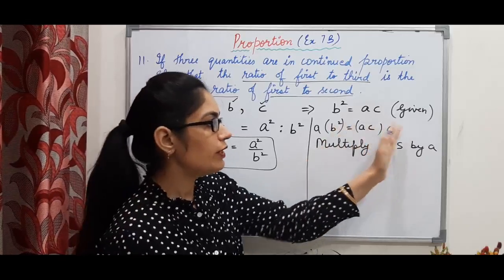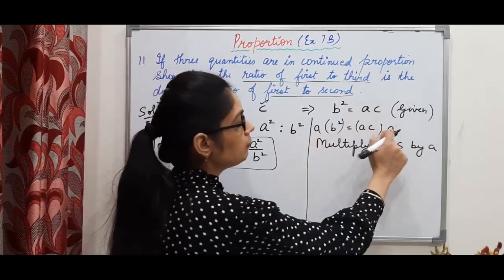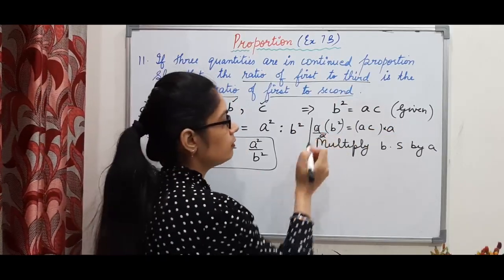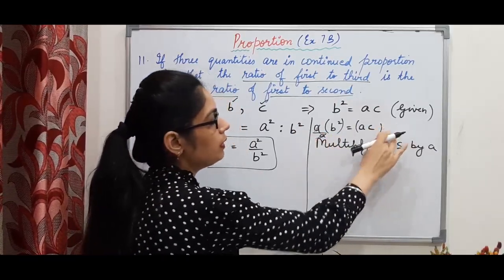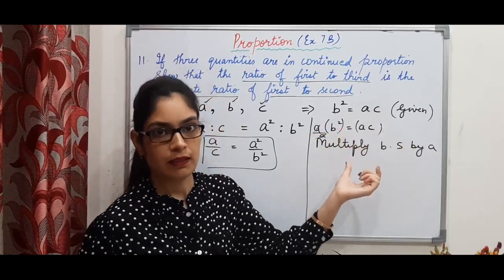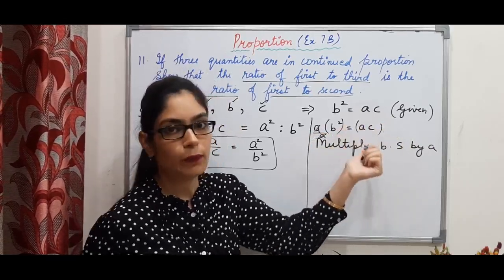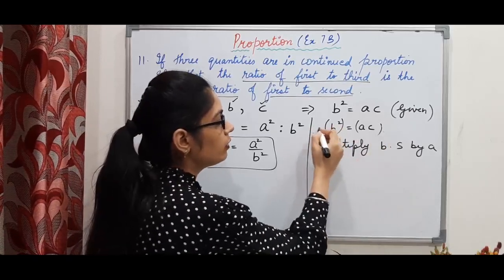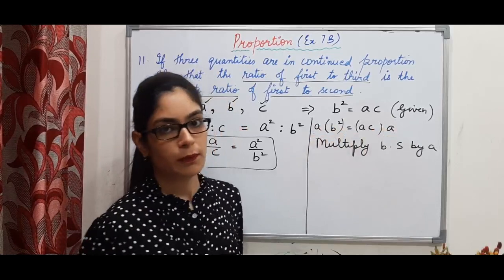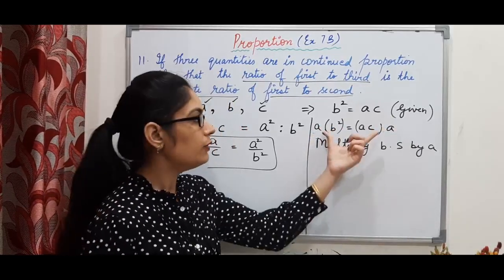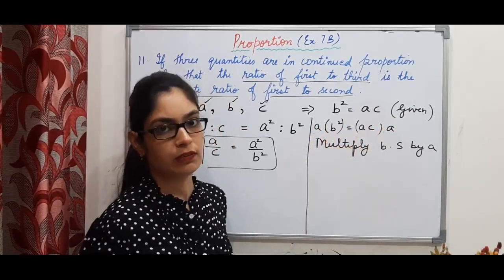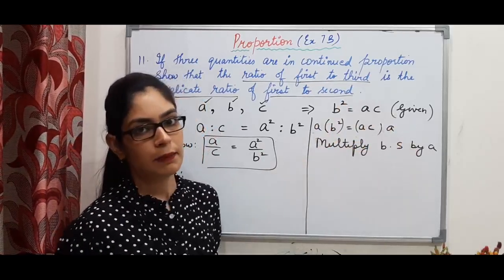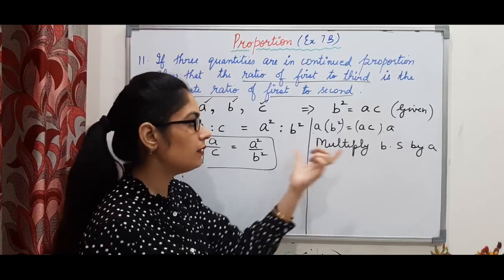Because when we make a change on both sides, this term is getting multiplied here. If I shift it to this side, it will get divided. So this and this will get cancelled, and I will be left with the given thing, that is B square equals AC. So whenever we make any change on both sides of the equation, it doesn't make any difference. I have shown you also, this A and this A can be cancelled. So that is why I made this change.